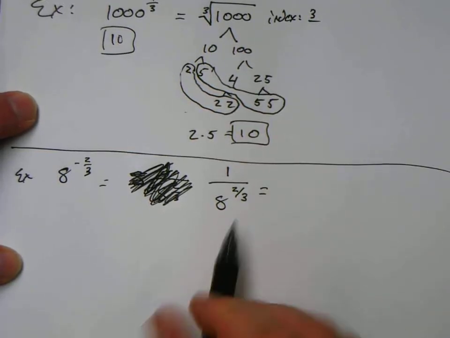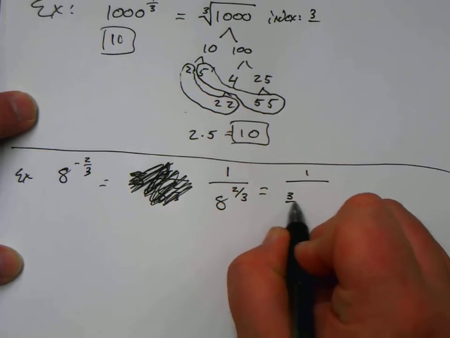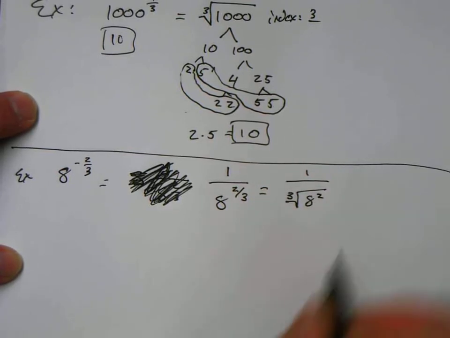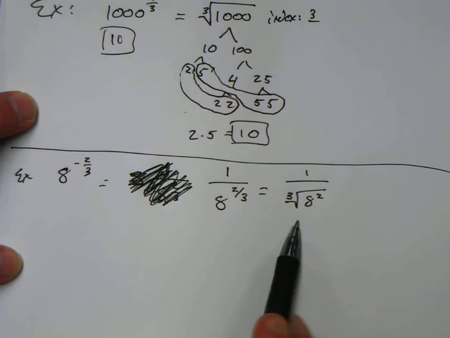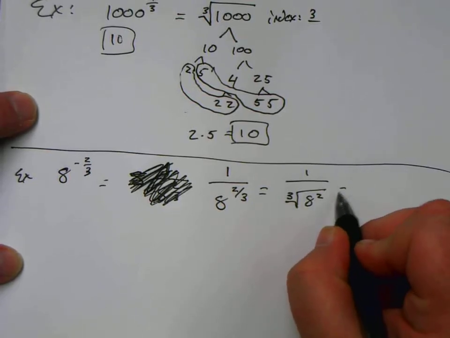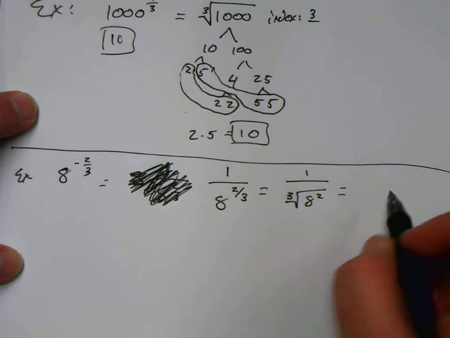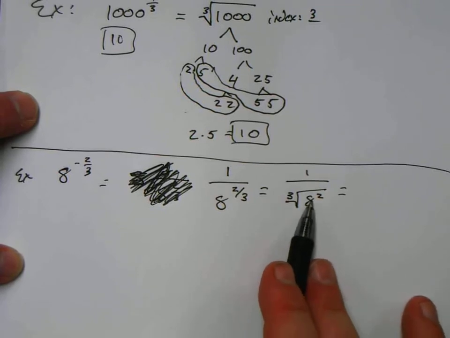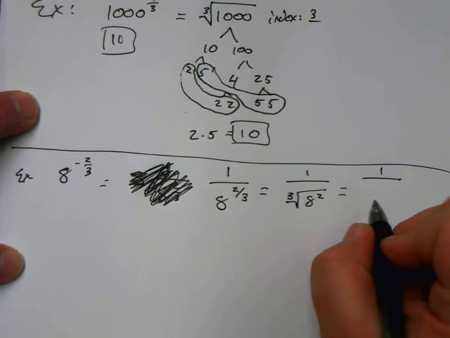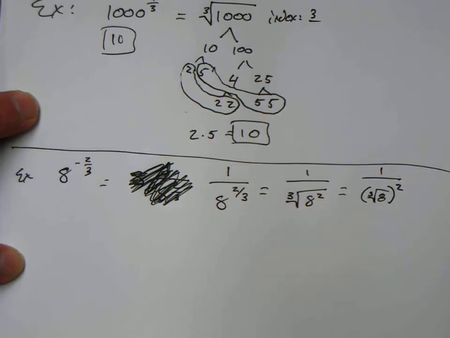Now, I can convert this to radical form. So I get 1 over the cube root of 8 squared. Well, I could go 64 here and then break it down. But I also know that whenever I have this written as the cube root of 8 squared, I could also rewrite that as the cube root of 8, squared.